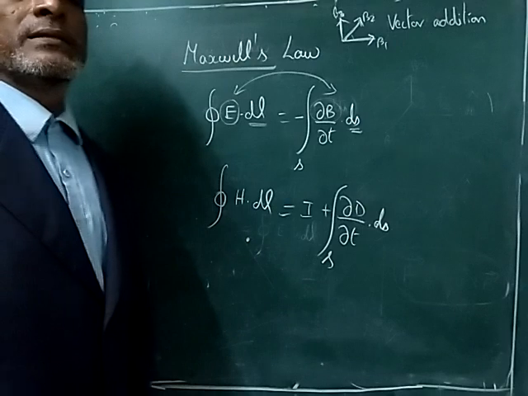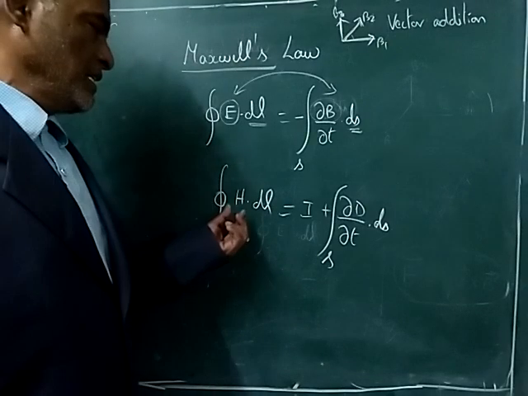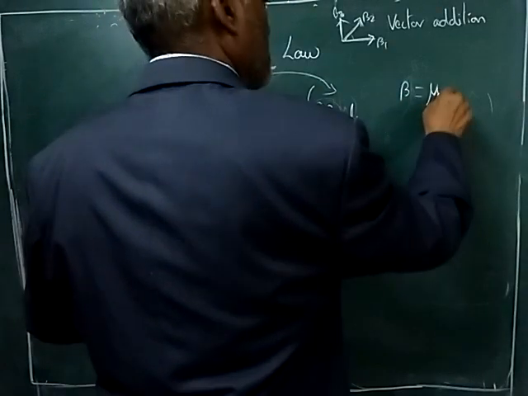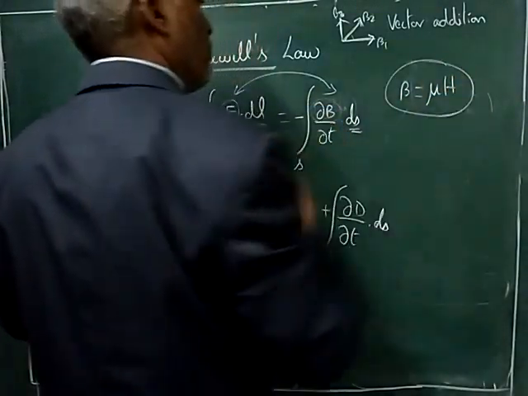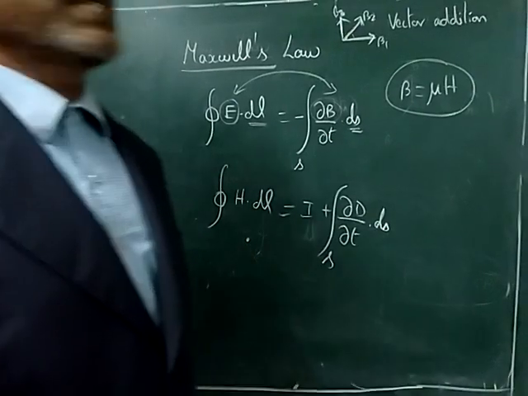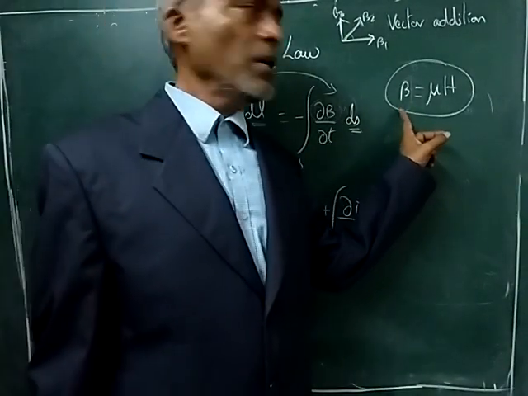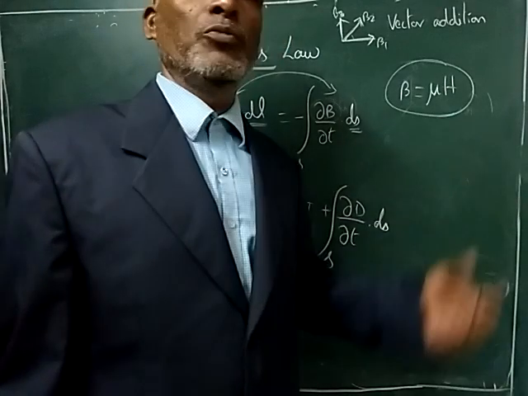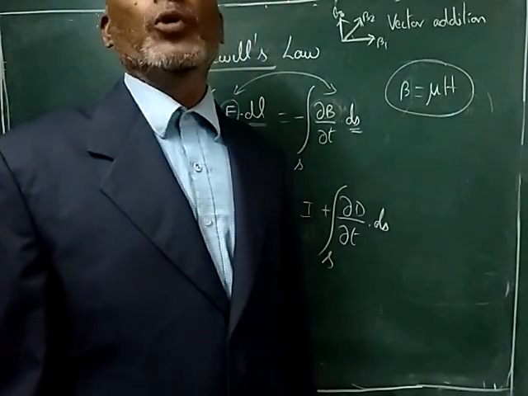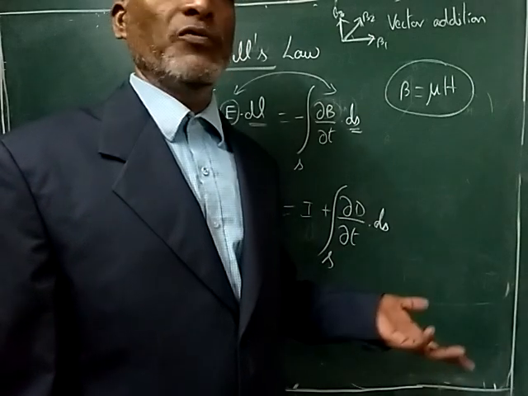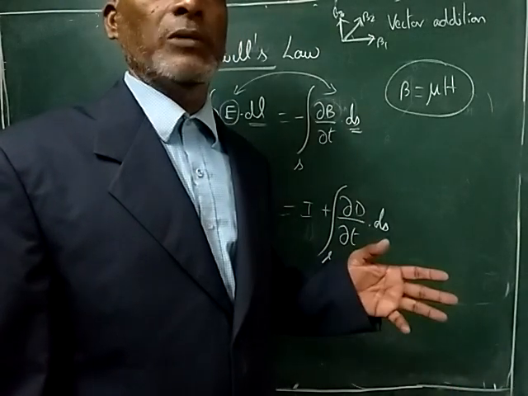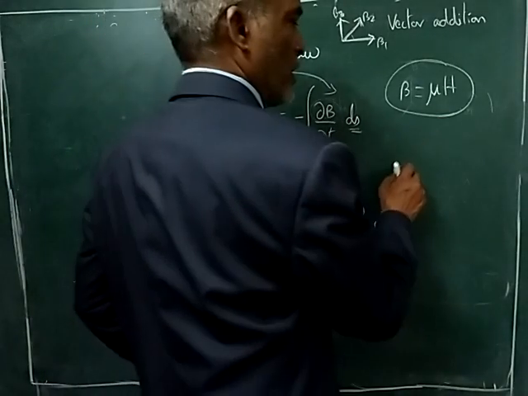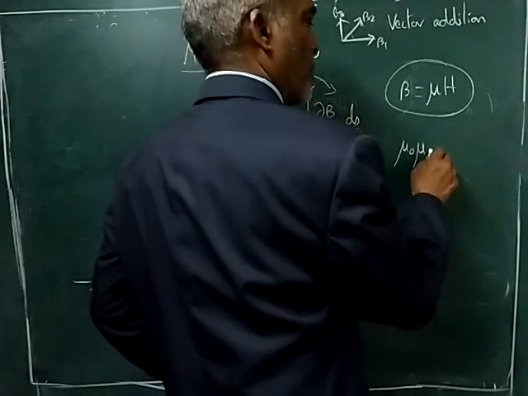Now H is the magnetic field intensity, and we have a relation B is equal to mu H. B, we know, is the magnetic flux density, unit Webers per meter square. Mu means permeability, and that can be split into mu naught and mu r. Mu naught is the permeability of free space, 4 pi into 10 power minus 7 henries per meter, and mu r is relative permeability.